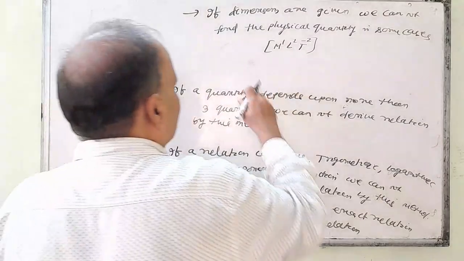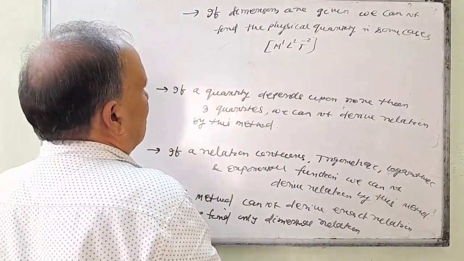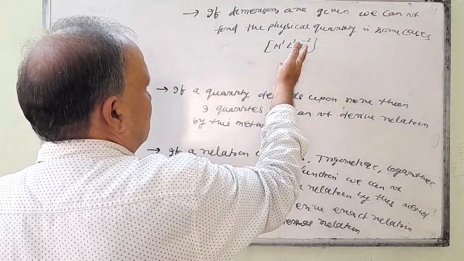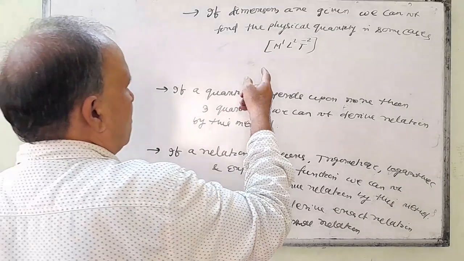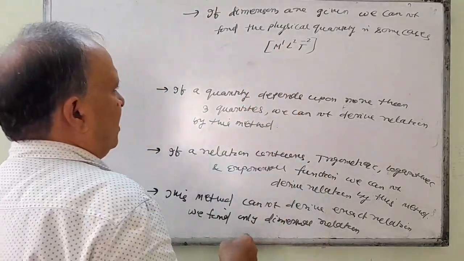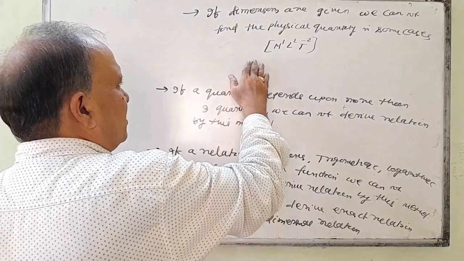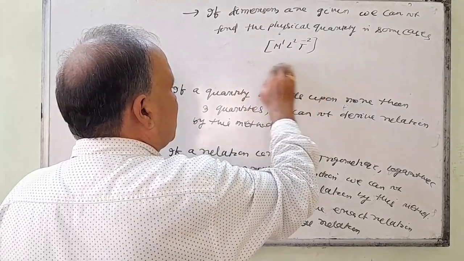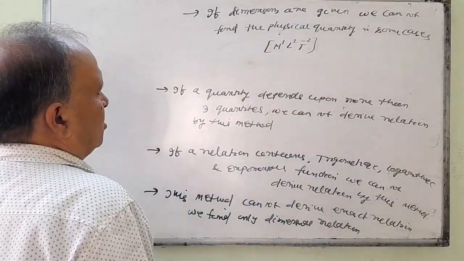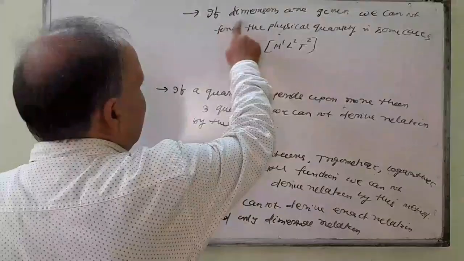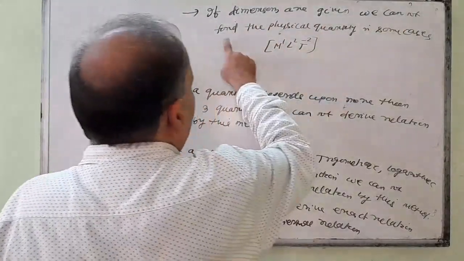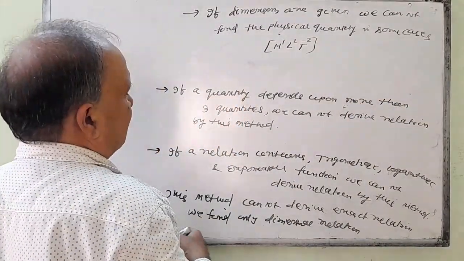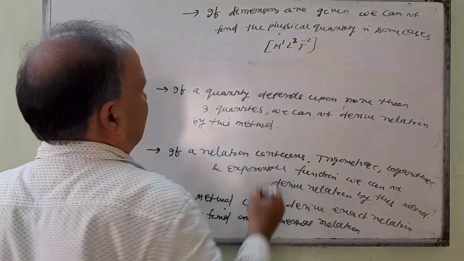I will ask you, what is the physical quantity? Someone will say it is work. Someone will say it is torque. So this dimensional formula stands for different physical quantities. So if the dimensions are given, we cannot find the actual physical quantity in some cases.